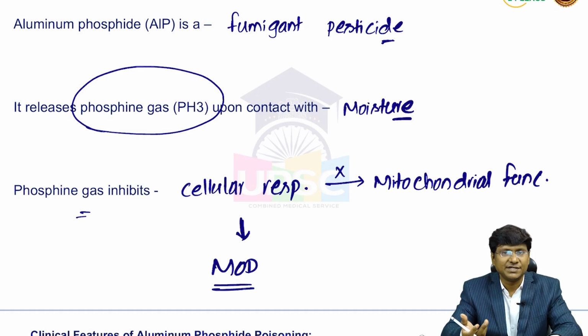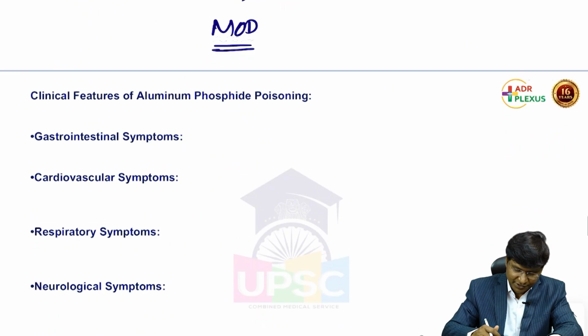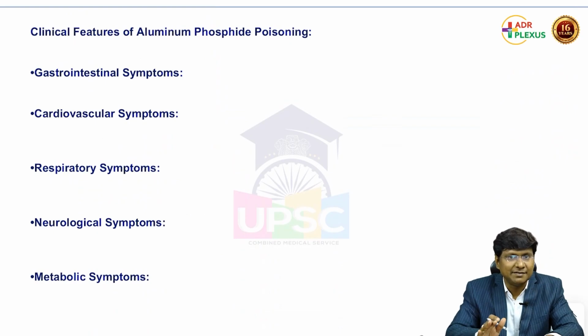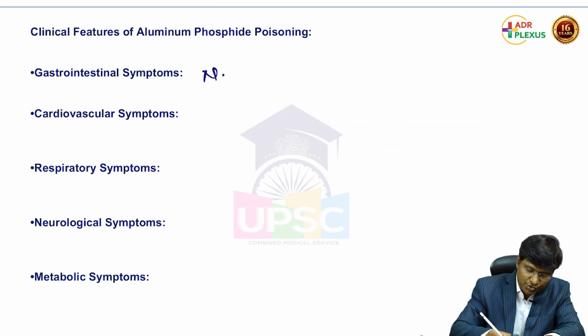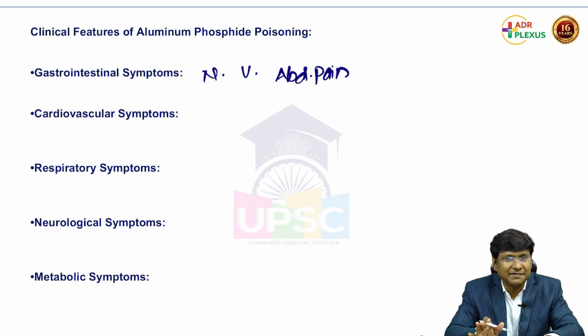Now, what are the features of aluminium phosphide poisoning? The gastrointestinal manifestations include nausea, vomiting, and abdominal pain. Then what are the cardiovascular manifestations?